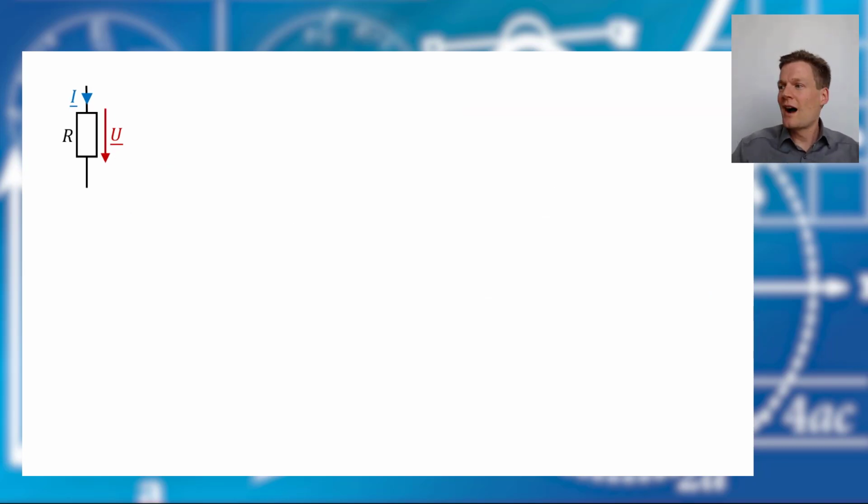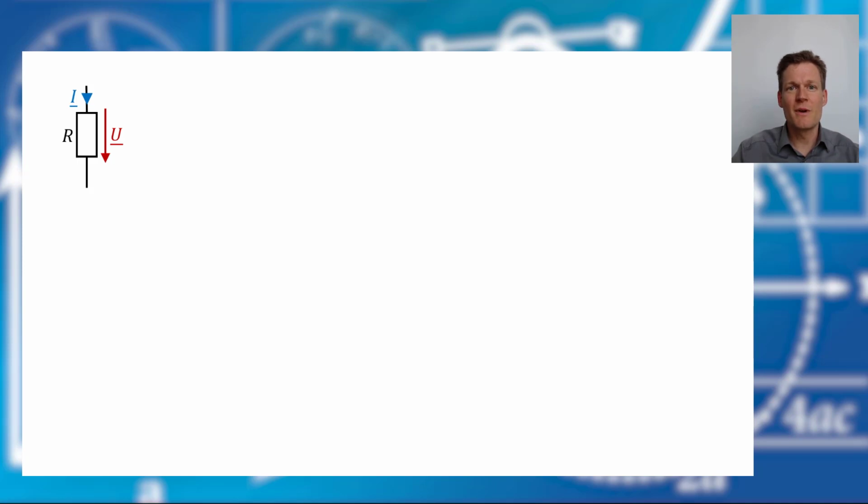Okay, so how could we calculate the power in an AC network if we know the complex voltage and the complex current? Let's have a look at our resistor. There we know that we only have active power, and active power should be a pure real value.